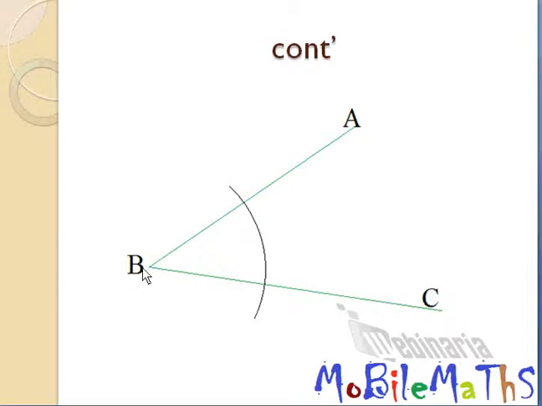Then we can draw an arc passing through or cutting arms BA and BC like this.